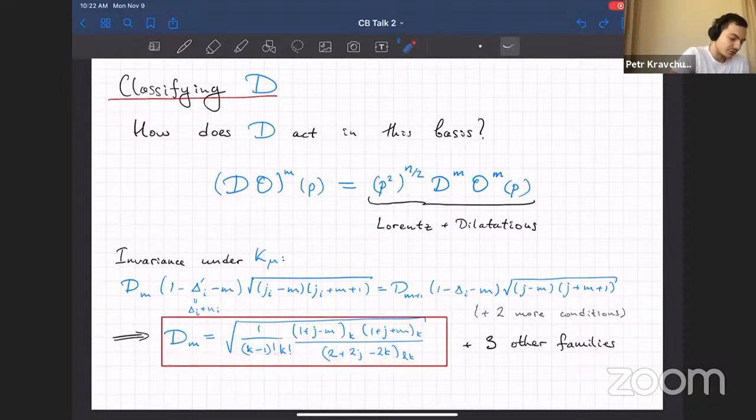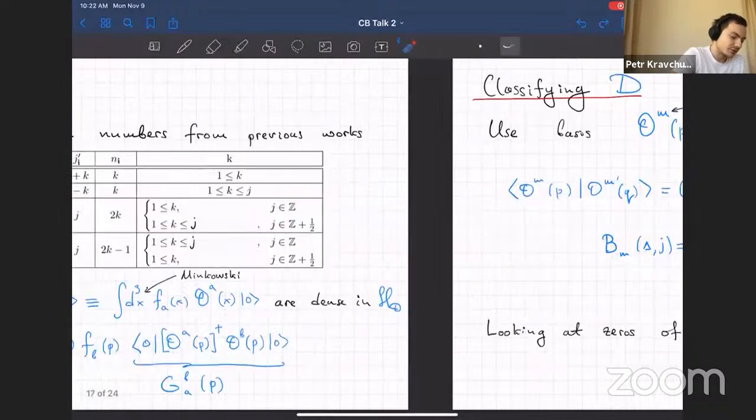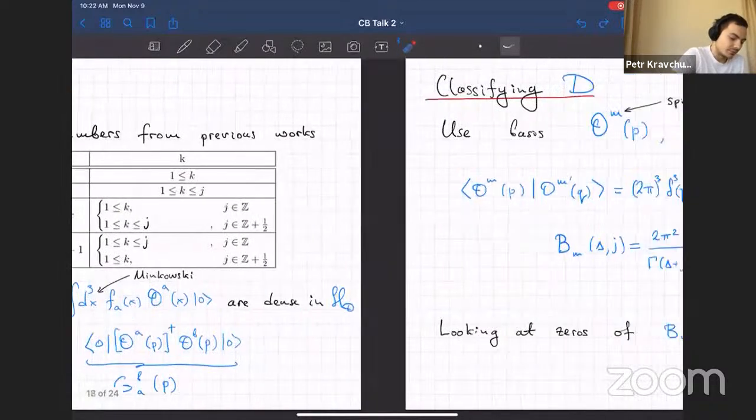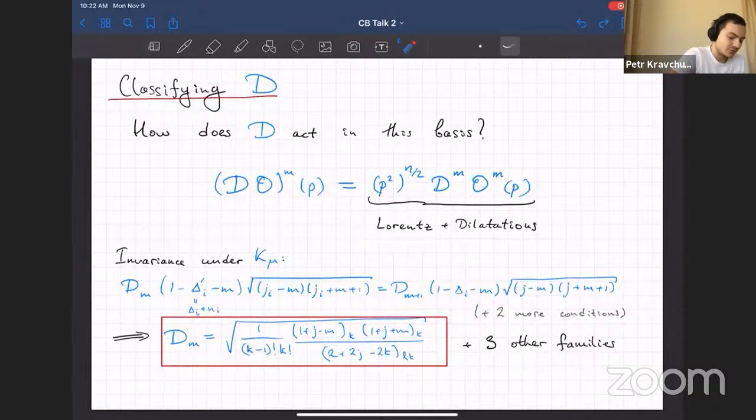For example, this is, I think, the first family in this table. There are 4 families, and different operators within a single family are labeled by this k. For a given k, you get an explicit formula for the coefficients D_m. You can make a table of 4 simple formulas of this form, and this completely covers all the differential operators that you need to know.